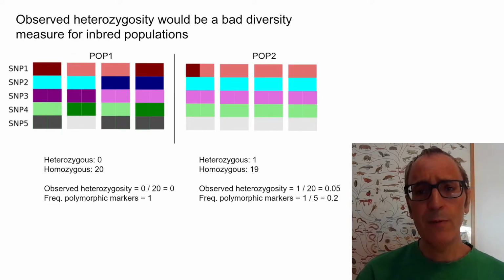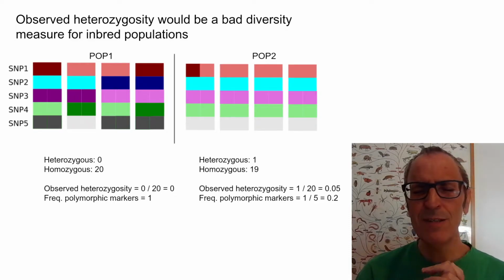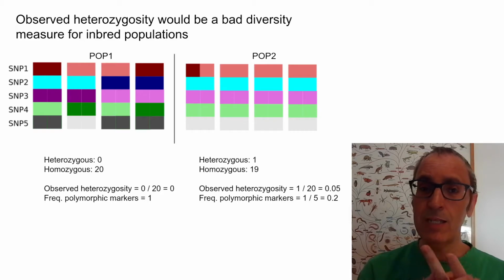If we have populations that are highly inbred, or there's some inbreeding, the observed heterozygosity is not a very good indication of diversity, because we have two things mixed: how diverse is the population and how inbred is the population.